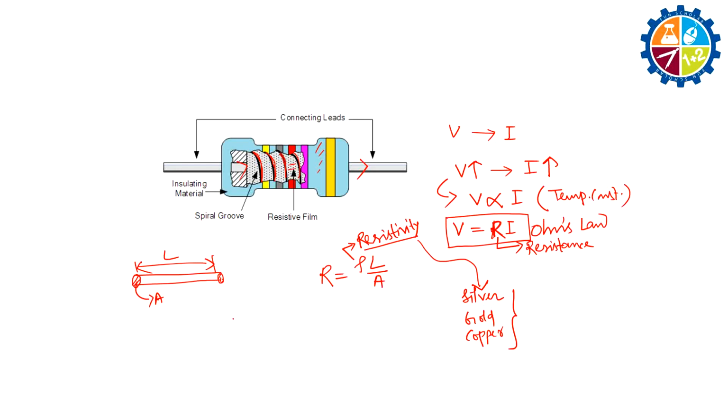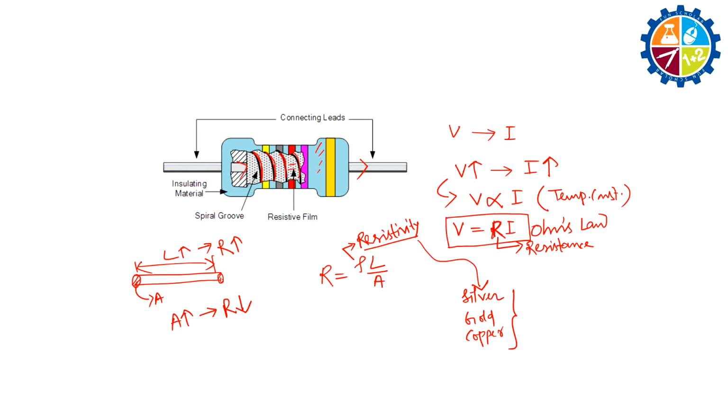So if the length is increased, the resistance value will also increase. But if the area of cross section is increased, the resistance value will decrease. From this equation we can see that.